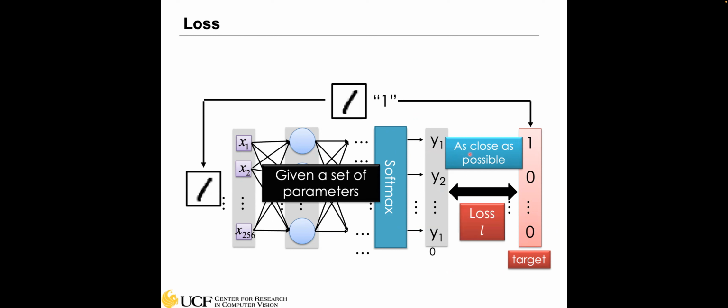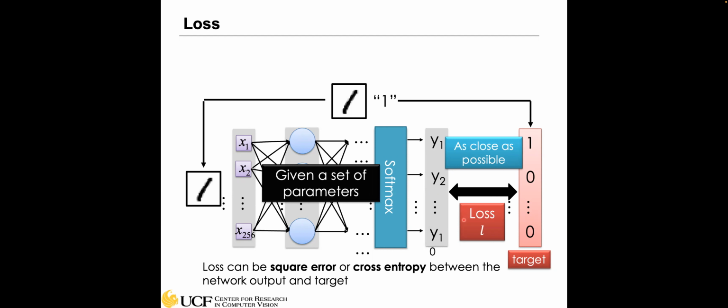Obviously in the beginning, if all these parameters are randomly initialized, your network is not going to do a very good job, right? Likely this prediction will be very noisy. So we introduce loss functions to measure how good your prediction is.